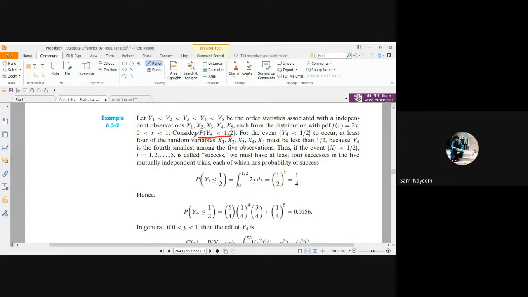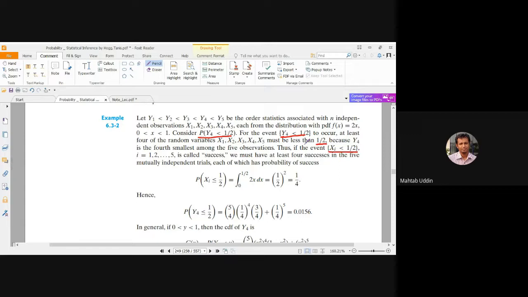For y4 less than half to occur, at least 4 of the random variables must be less than half. Because y4 is the fourth, that is, this is an event. Getting less than half is the success, and getting not less than half is the failure. ঠিক আছে, হাফ পাওয়াটা সাকসেস হবে আর না পাওয়াটা কি হবে? Failure.